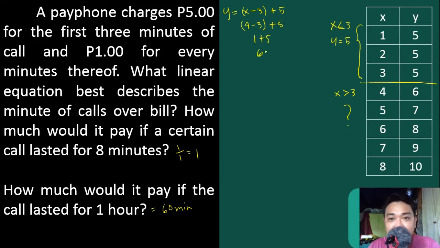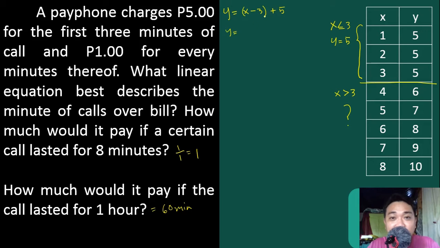That is 6. Ayan. Yun yung babayaran natin. 6 pesos. So, ang ginawa lang natin, kinakaltasan lagi natin ng negative 3. Kinakaltasan natin ng 3 minutes kasi minimum charge yun. Now, syempre, kailangan ayusin muna natin yung linear equation natin para mas maganda siyang tingnan.